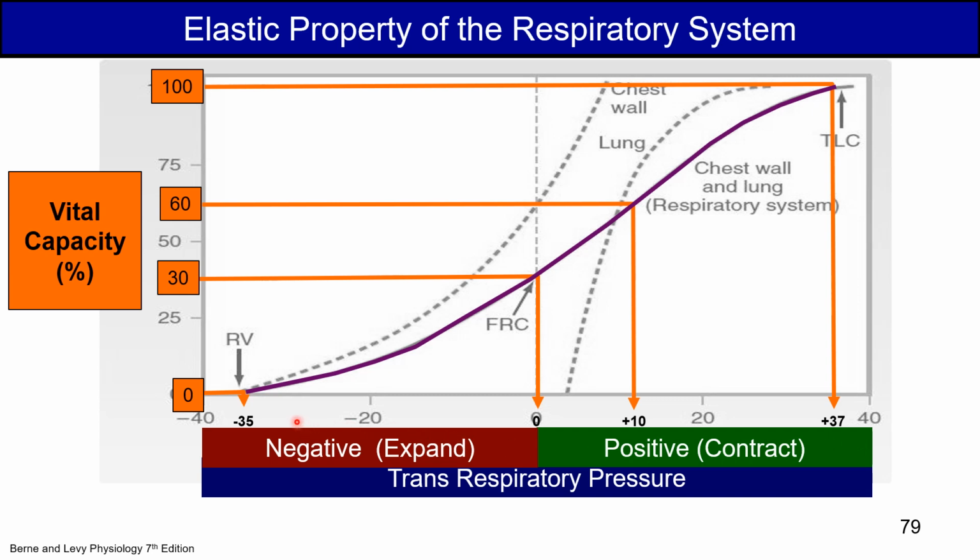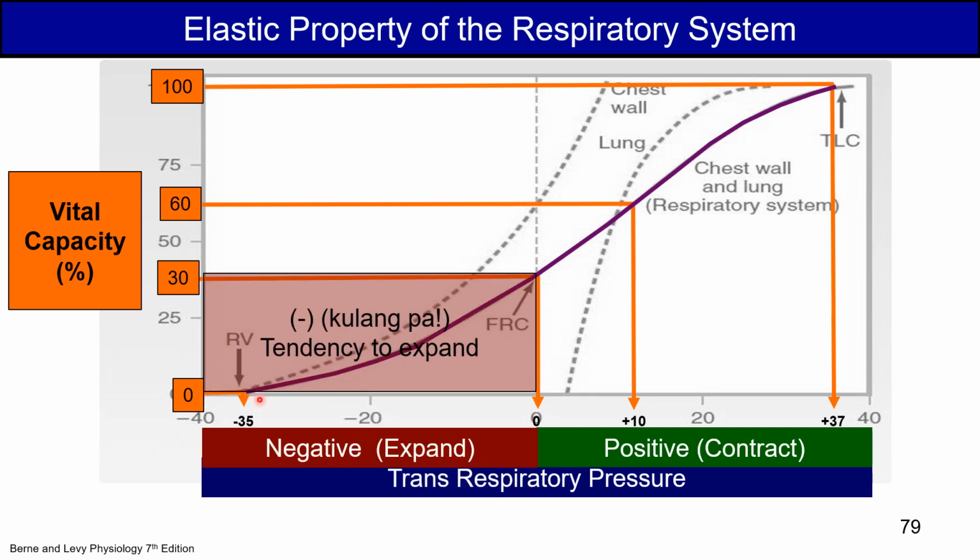Notice that the transrespiratory pressure from 0 to 30% of the vital capacity is negative, and therefore the respiratory system has an elastic tendency to expand. At 30% of the vital capacity, or the functional residual capacity, the transrespiratory pressure is 0, meaning to say it doesn't want to expand nor contract.